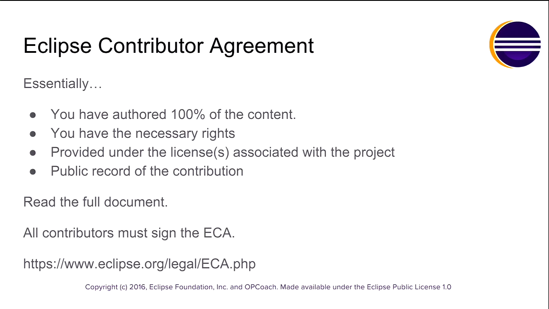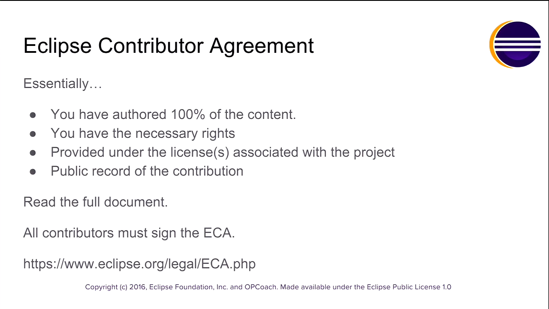To contribute code to an Eclipse project, we ask that you sign an Eclipse contributor agreement. The Eclipse contributor agreement essentially states that you authored 100% of the code that you are contributing, that you contributed under the project license, and that you can legally do it, which effectively means that your company, the people who actually own the copyright for the stuff that you create, give you the permission to donate that code to the Eclipse project.